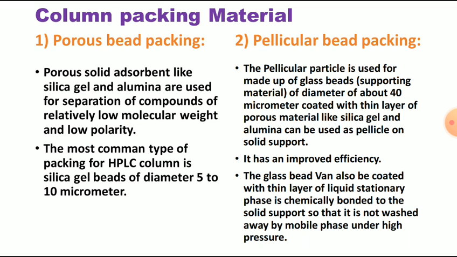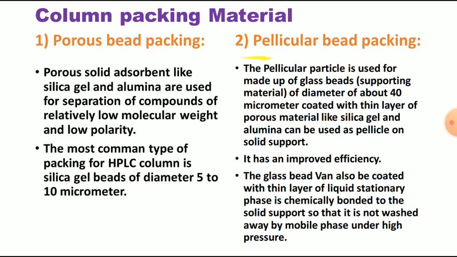The most common packing for an HPLC column is silica gel beds of diameter 5 to 10 micrometer. With the help of that we can make a stationary phase in the HPLC column.